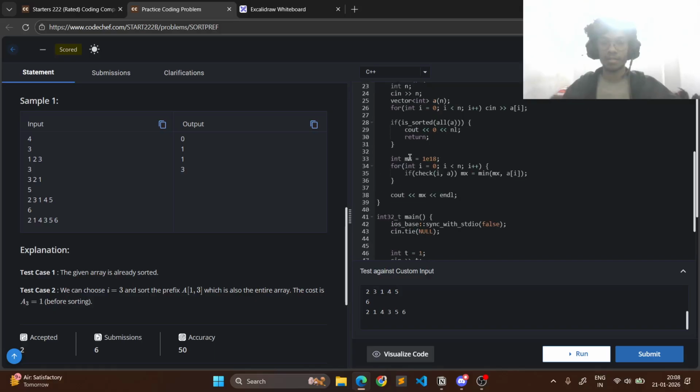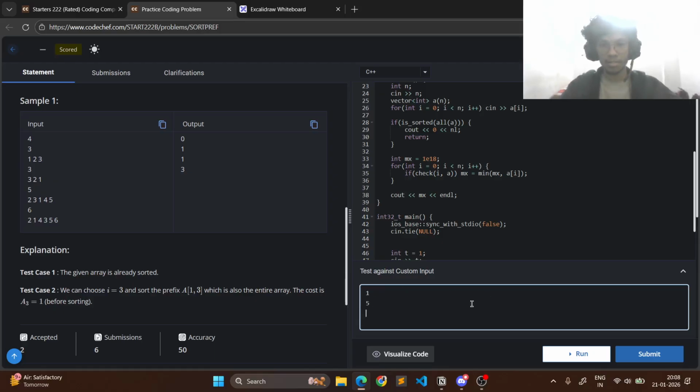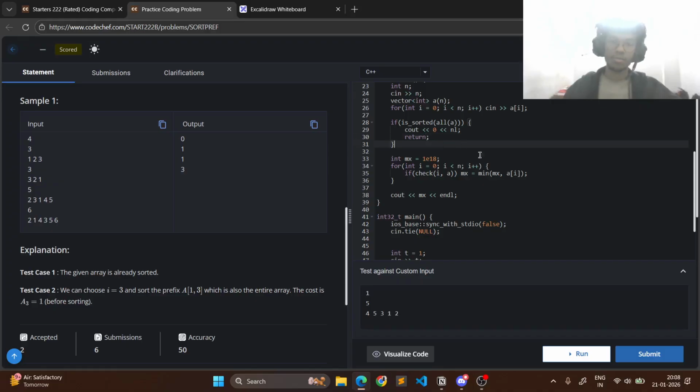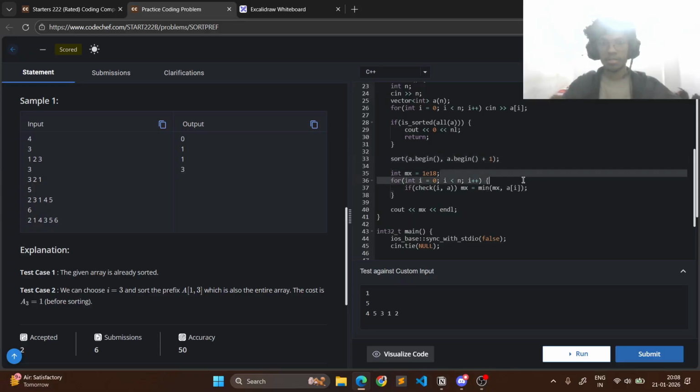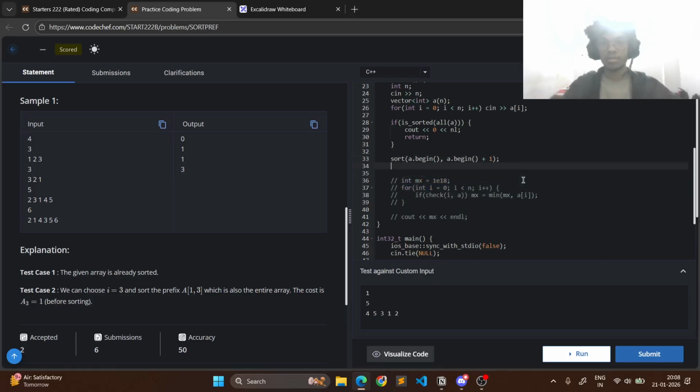Okay, if I have some array, 3, 4, 5, 4, 3, and I plan to sort this, a dot begin to plus 1, and then I just want to do what?